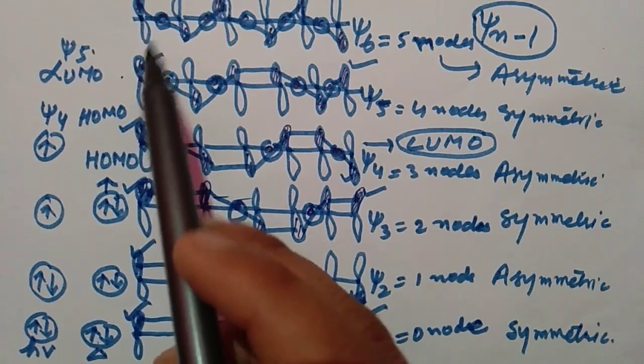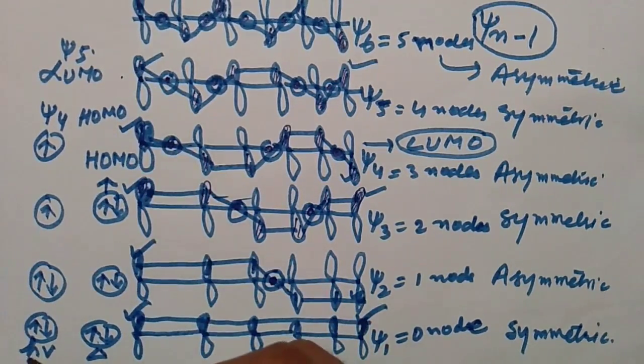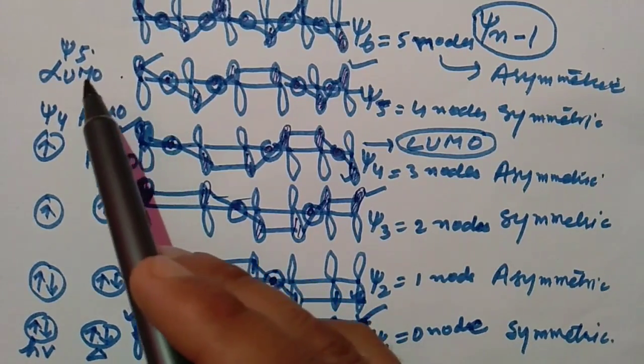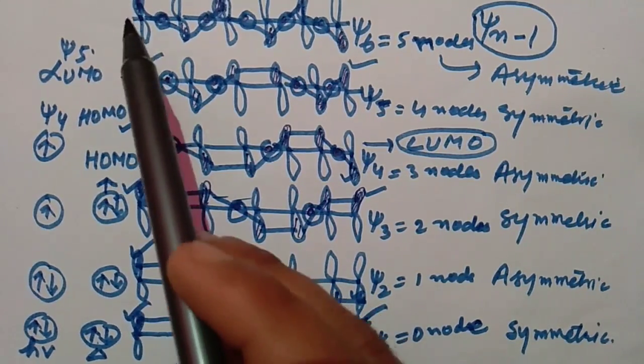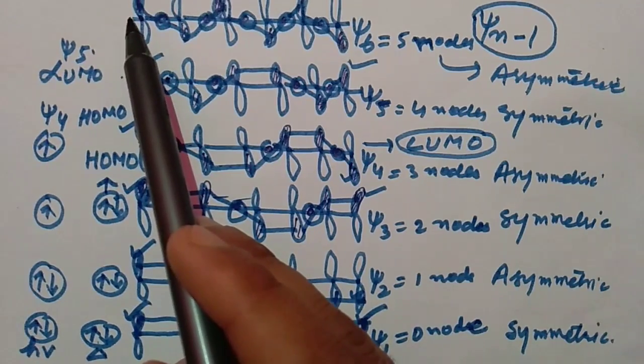These two orbitals don't have any electrons in case of photochemical reactions. So this is the lowest unoccupied orbital and this is the highest unoccupied molecular orbital.